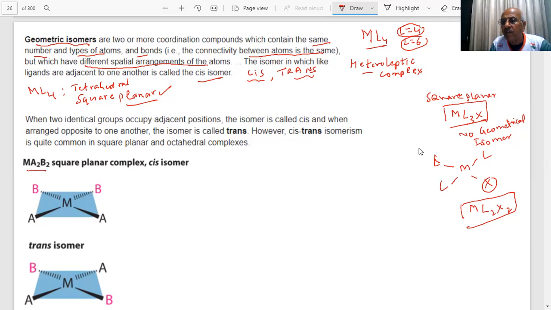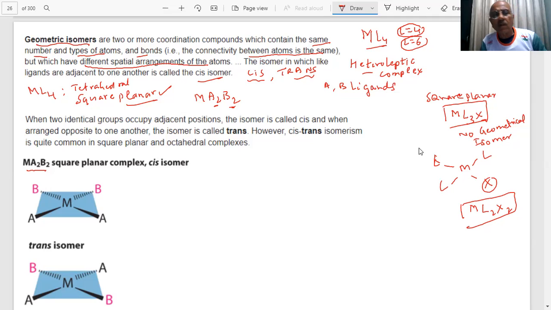MA2B2 means this is my A, this is my B. If I have MA2B2, students, there are two A ligands and two B ligands. What are A and B? A and B are ligands, students.